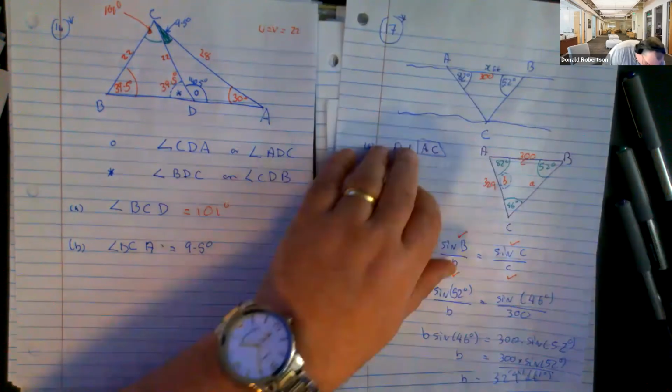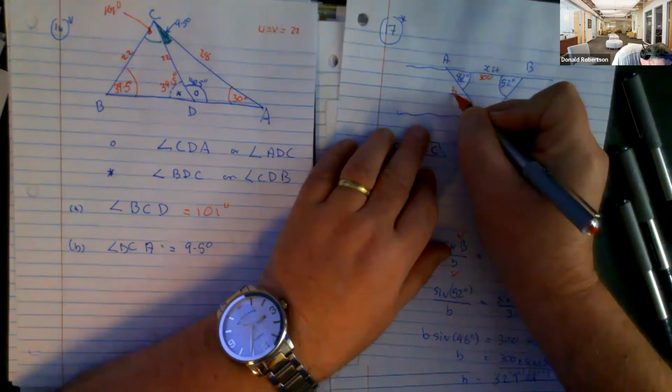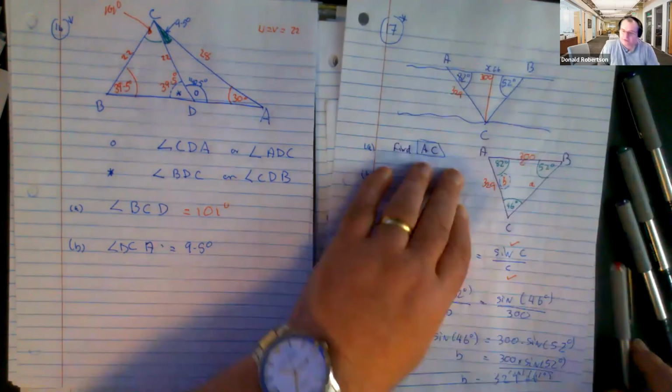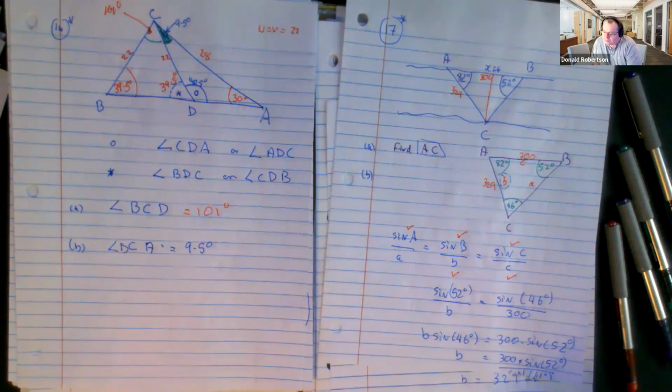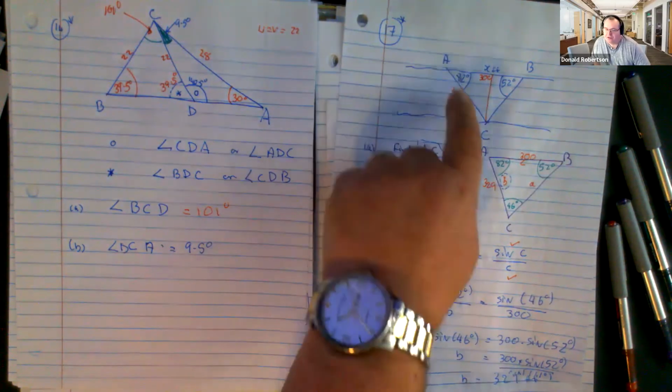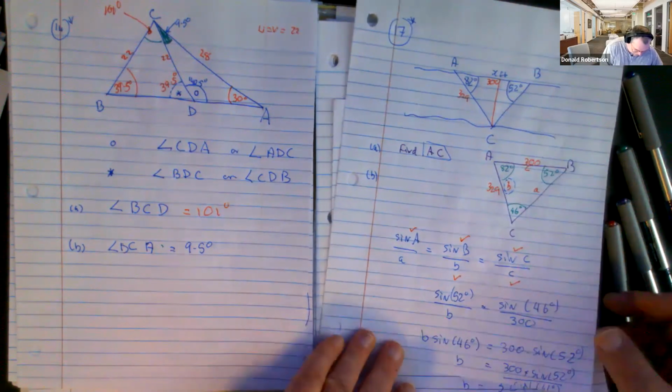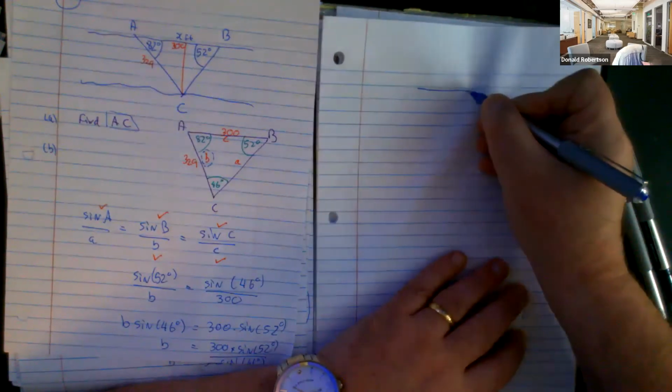Now that I know that this side is 329 feet, wouldn't you like to know how wide the river is? I think knowing how wide the river is is probably more interesting than the distance from A to C being 329 feet. So this is how we're going to do it.